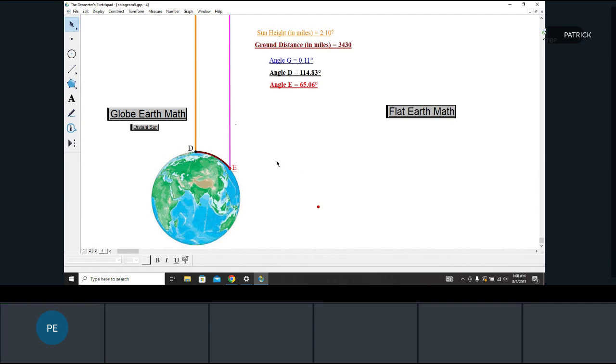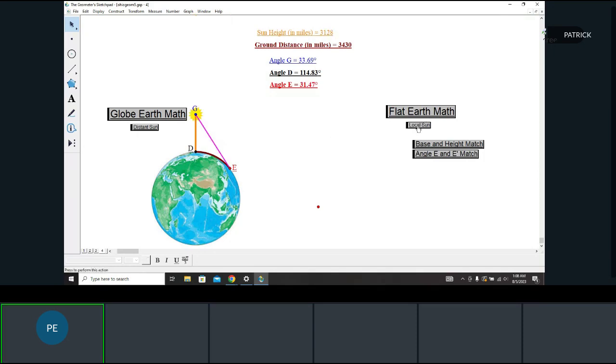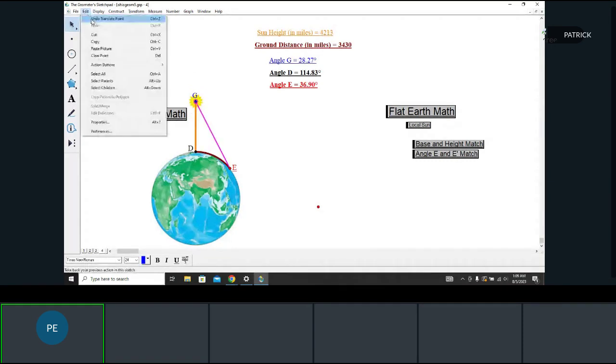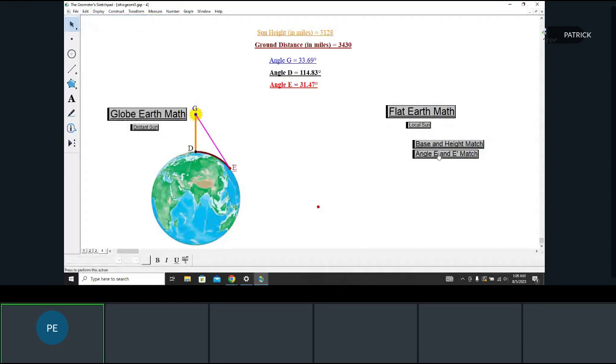Now, if I wanted to compare this to the flat Earth model, let's go back to a local sun, so that's 3,000-ish miles. You can also change the height going like this as well. But there's two options here.